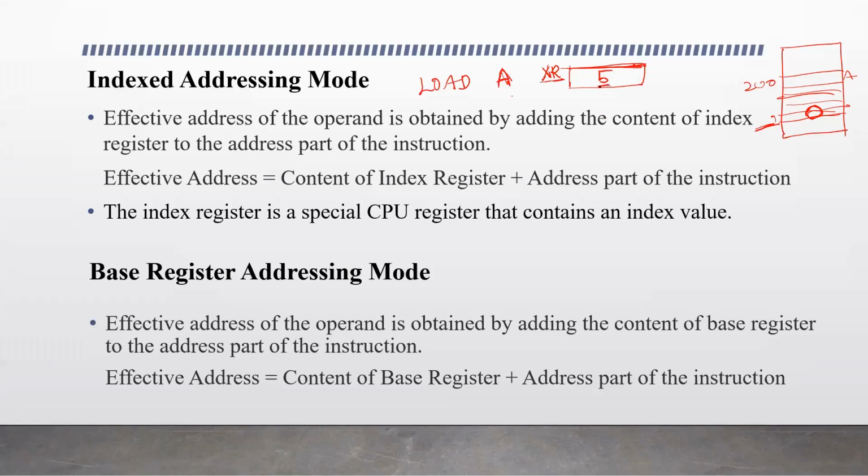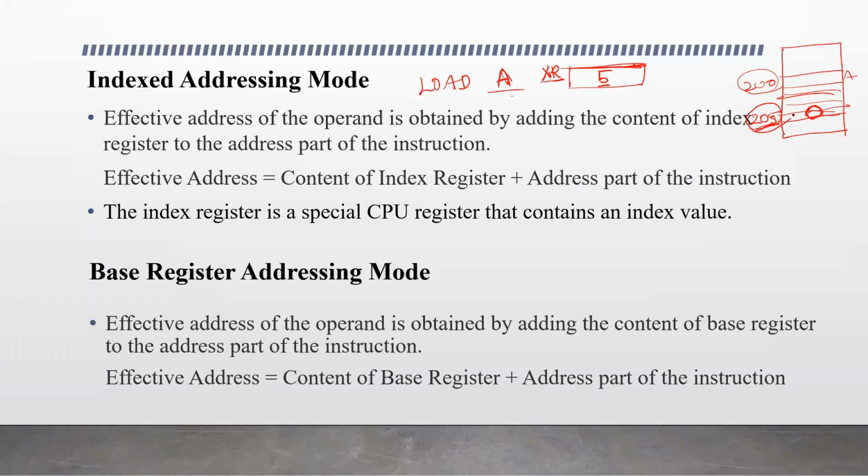Let's say the value of the index register is 5 and A is the address given in the instruction. How do we find the effective address here? It is the content of the index register plus the address part of the instruction. The address part of the instruction is A, that is 200, added to the content of the index register, 5, so we get the address 205.